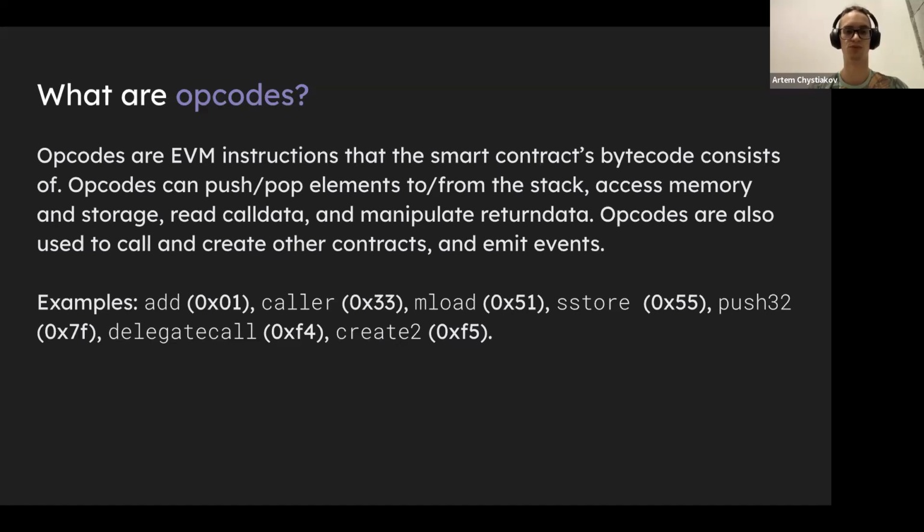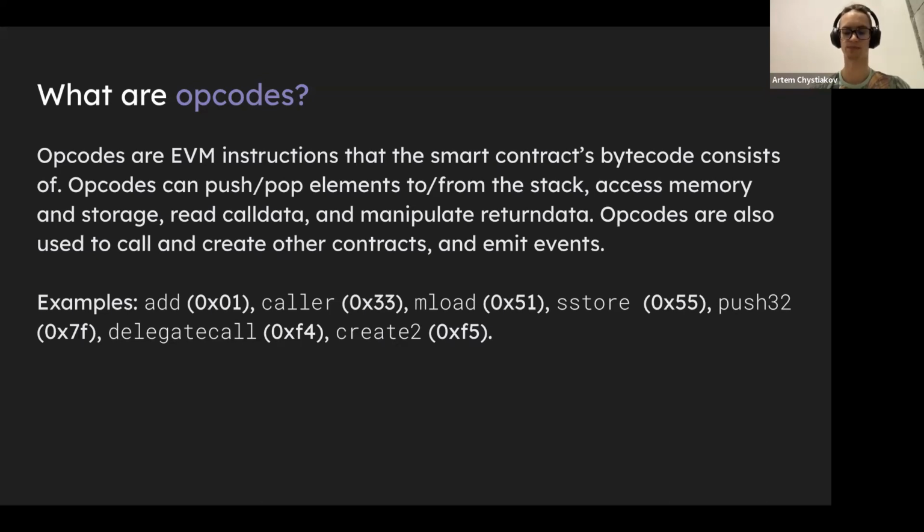Opcodes can push or pop elements to or from the stack. They can access memory, they can access storage, they can read call data, and also they can manipulate return data. Opcodes are used to call and create other contracts as well as emit events.